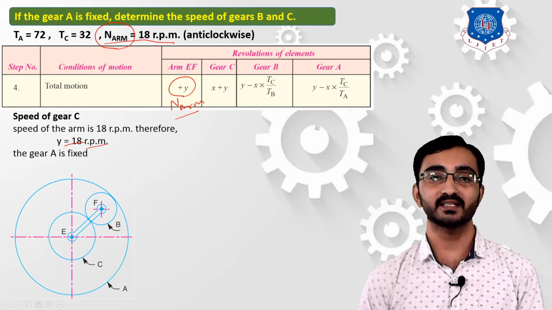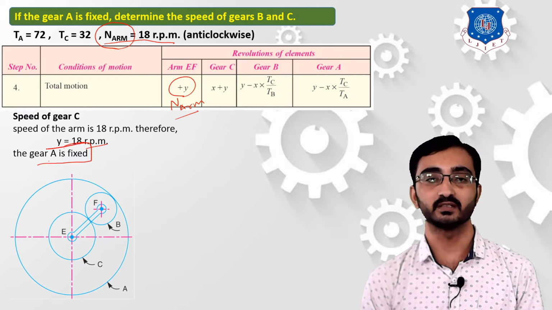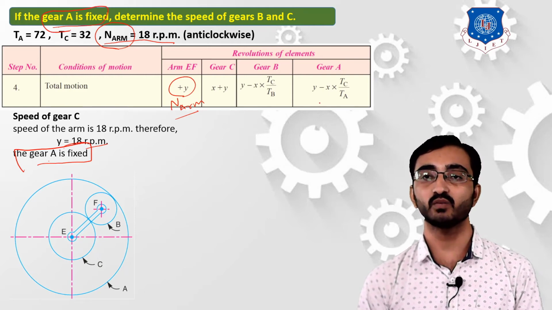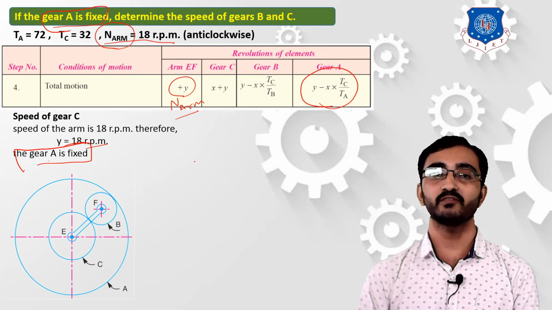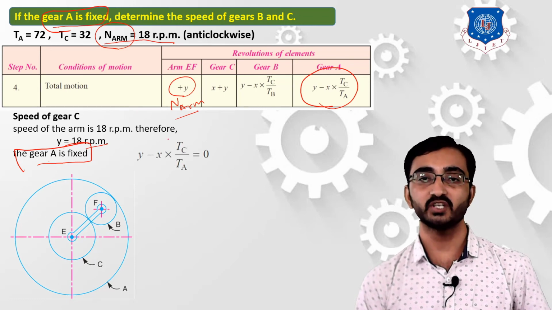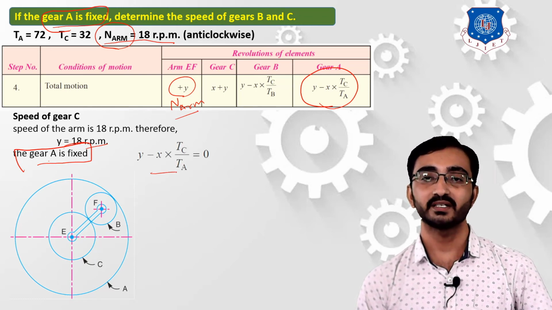Now after getting this, the second condition they have given is that your gear A is fixed. Gear A has an equation, that is y minus x Tc by Ta. If we compare this equation, we can simply mention that y minus x Tc by Ta is equal to 0.